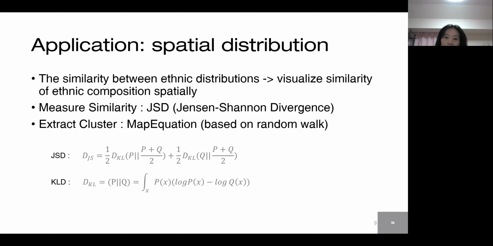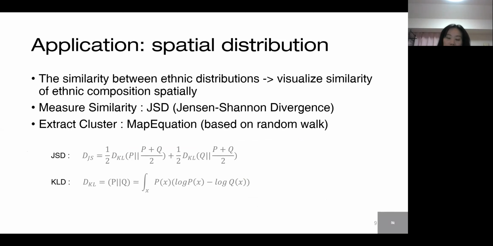Next, we analyzed the spatial distribution of ethnic composition. The Orbis data used in this study contains information about nationalities registered by a person. There have been cases where such information has been disclosed. We gathered the data and analyzed the spatial distribution.